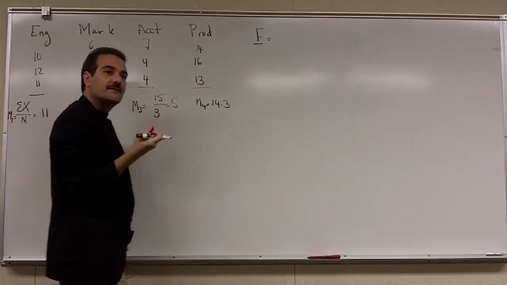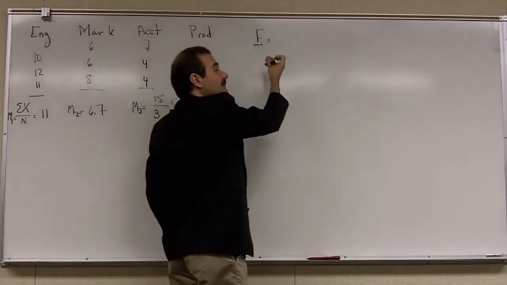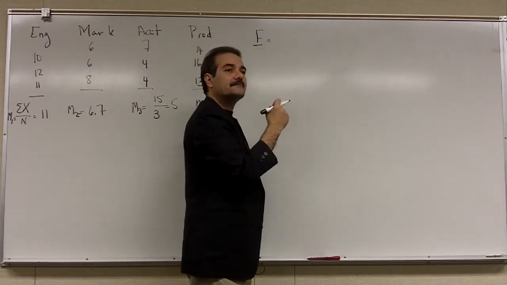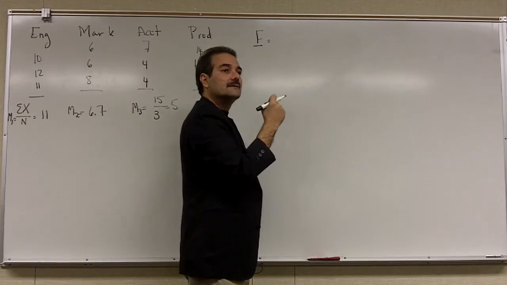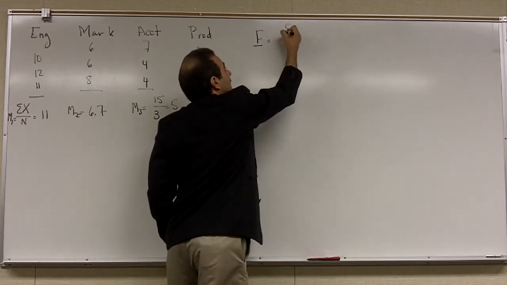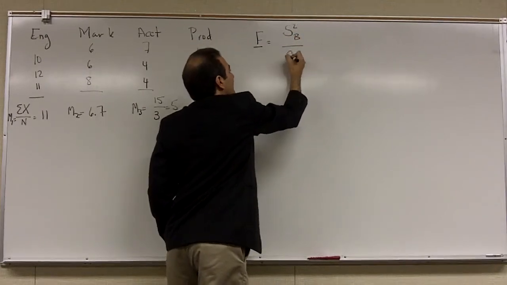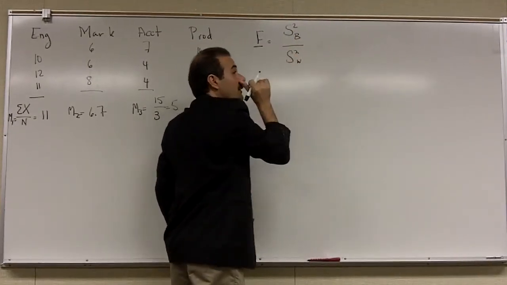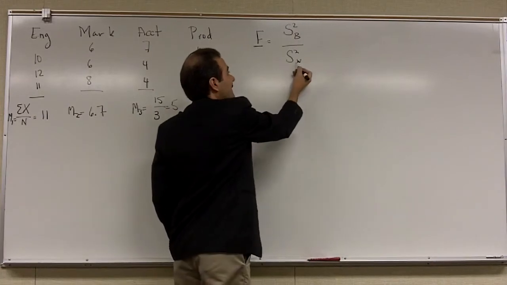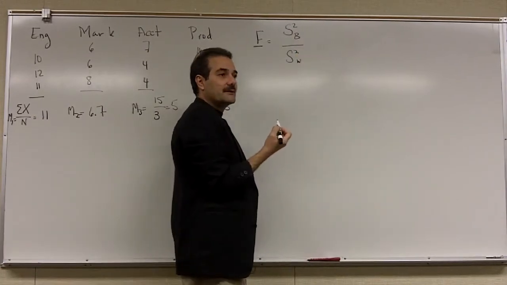The f is made out of what? Exactly, the 2 variances, s squared between, very good, and s squared within. So our task here is to calculate s squared within and s squared between.